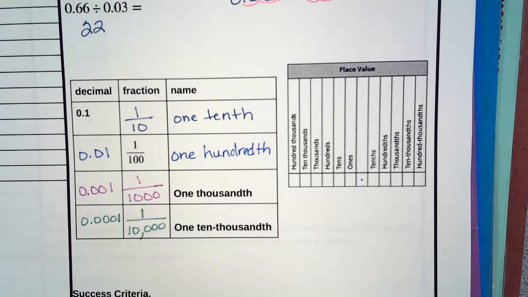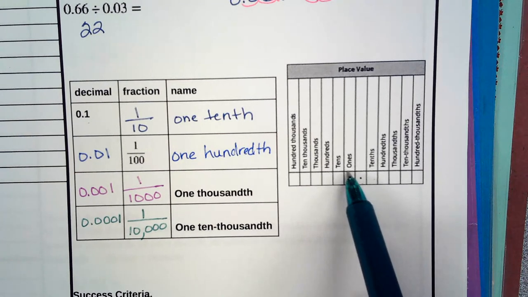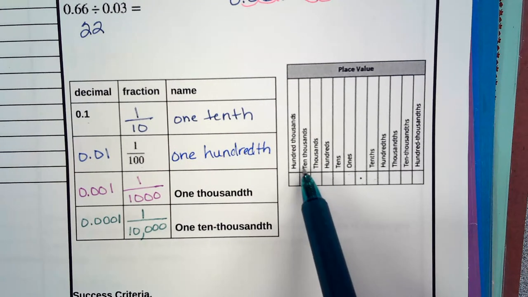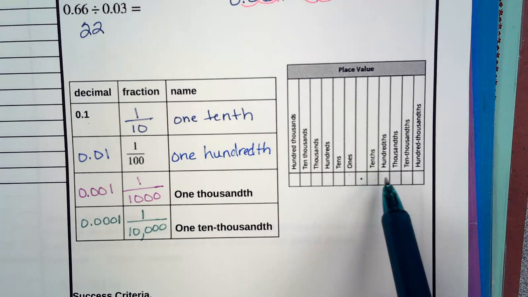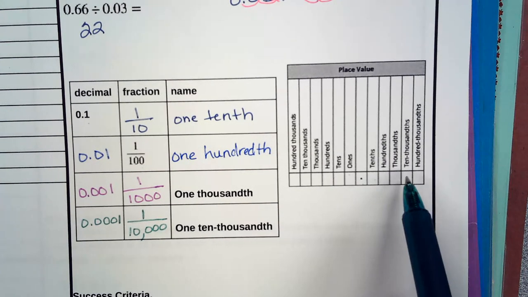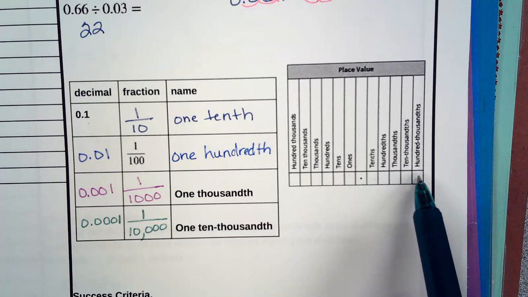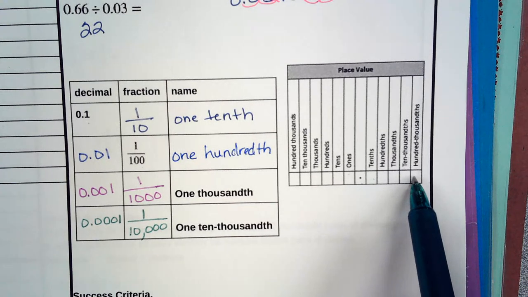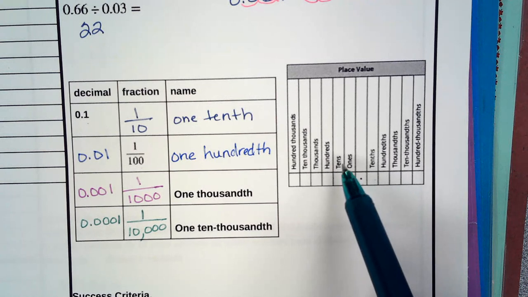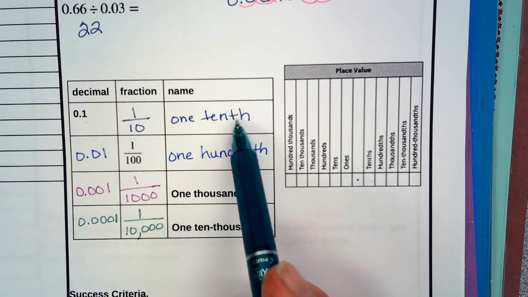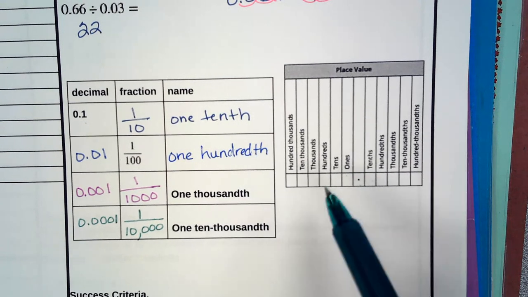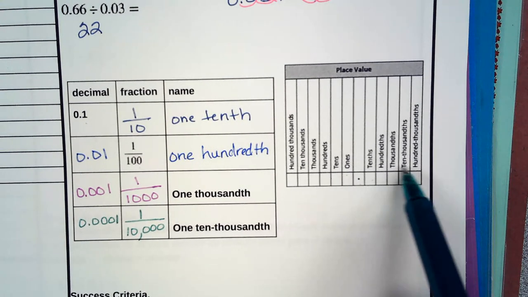So if you look, you've got ones, 10, 100, 1,000, 10,000, and then 100,000. Here you've got tenths, hundredths, thousandths, 10,000ths, and 100,000ths. You change the base, you put that TH at the end to designate that it's a decimal.